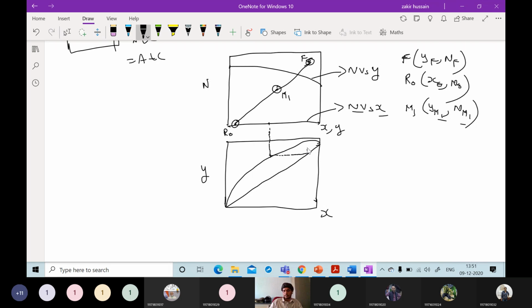Then you project this until the n versus y graph. If M is falling on this point, your guess is correct. Otherwise, your guess is totally wrong. You have to change your x value.